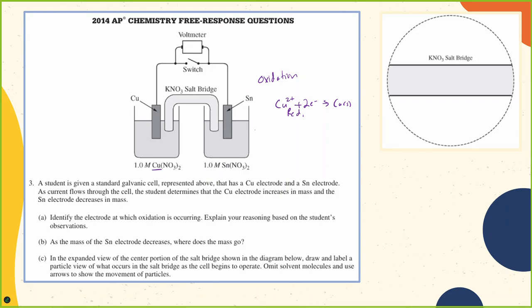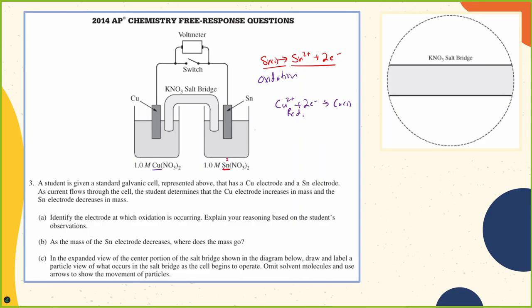That means tin must be undergoing the oxidation reaction. So this has got to be the tin, which is breaking down into tin 2 plus, and the 2 electrons are being given off. So this one's losing mass. The solid is degrading.